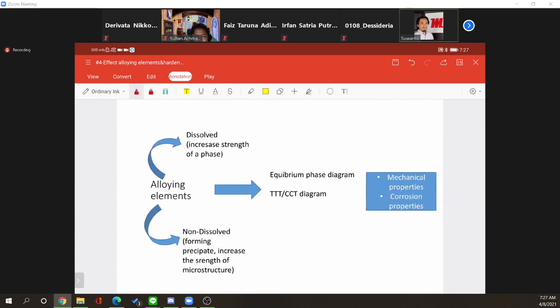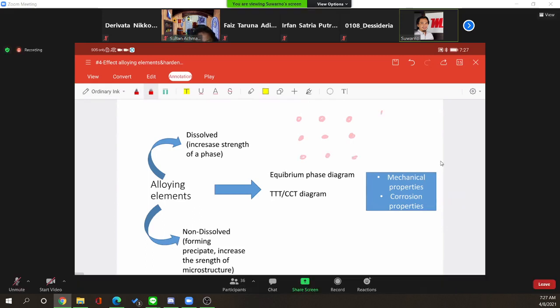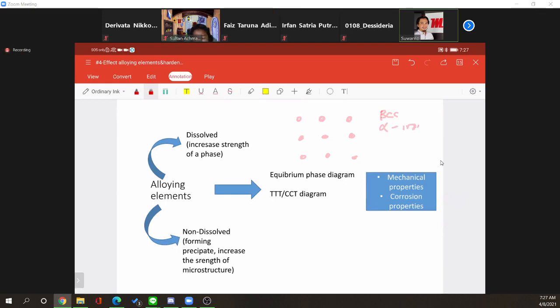If you learned from Metallurgy 1, that if you are adding alloying elements into the iron, for example, if you have iron in body centered cubic structure, which is alpha iron, or we call it ferrite, BCC alpha iron.